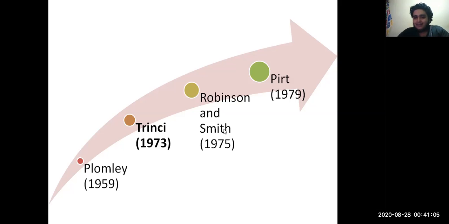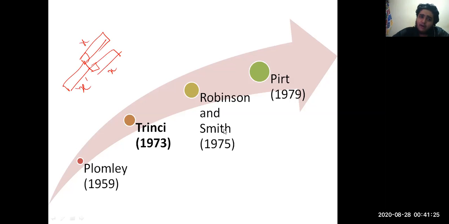One of the early hypotheses was put forward by Trinci. This paper states that there is a certain unit length, say x, for instance, right? After that length, only branching initiates. So then after that, I'll have two branches. Then this branch is going to grow until it reaches that length x, after which its branching starts to initiate, right?